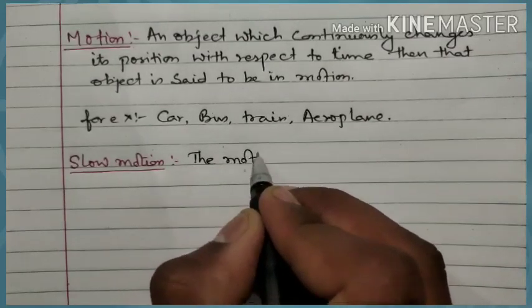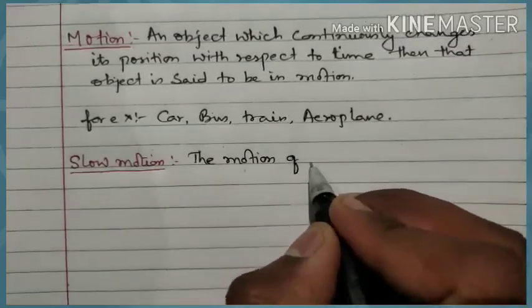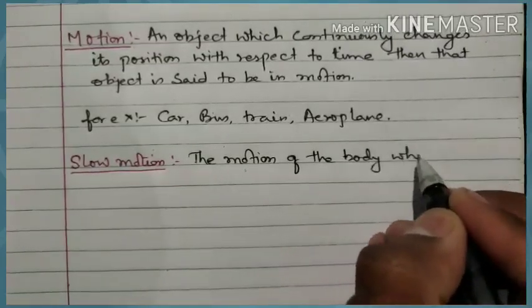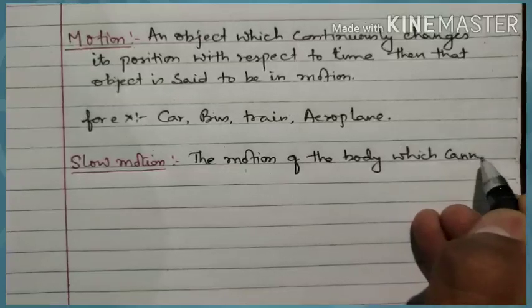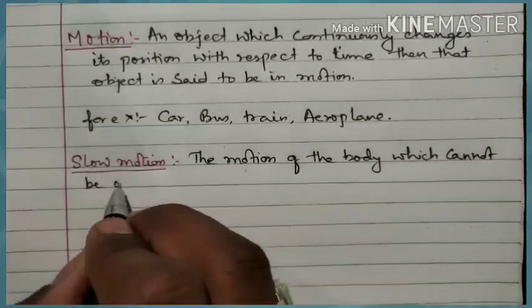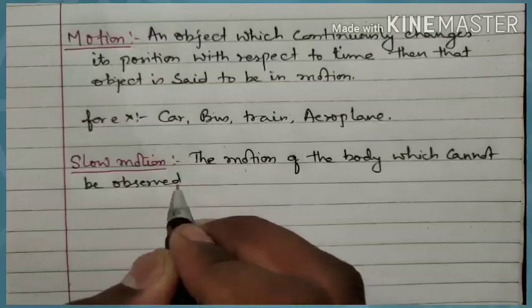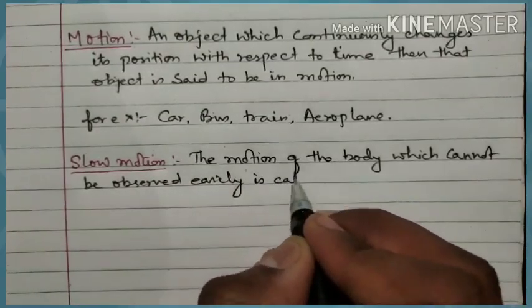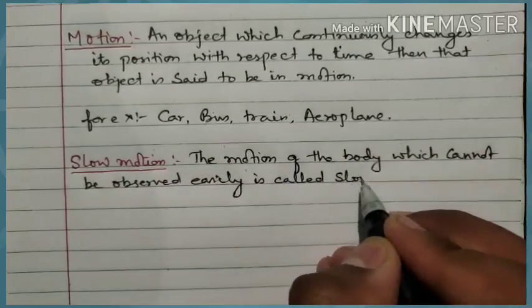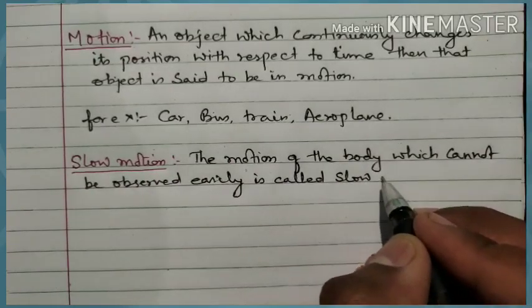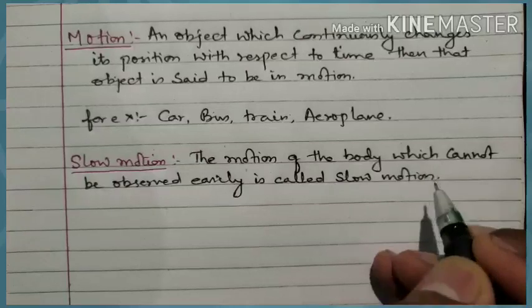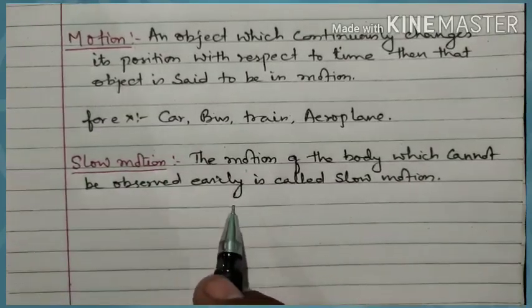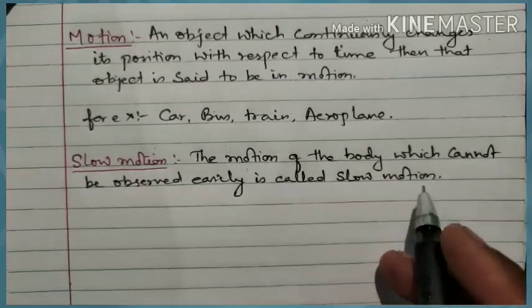The motion of the body which cannot be observed easily is called slow motion.